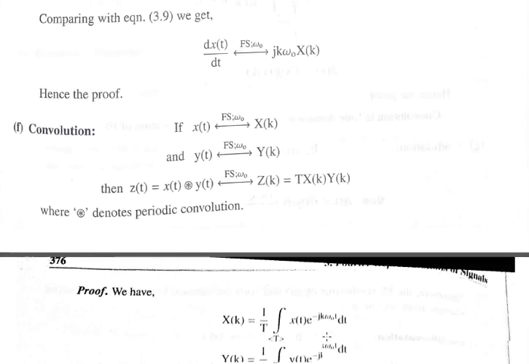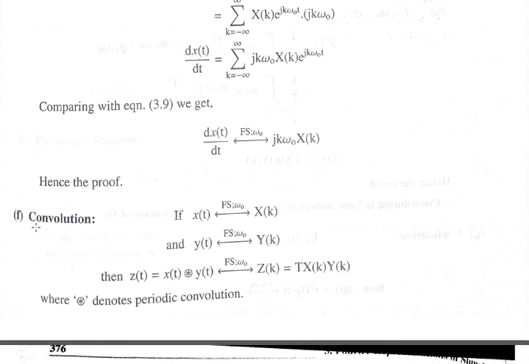For d by dt of x of t, there is an extra term j k omega naught multiplying x of k itself. This means the Fourier representation just gets multiplied by j k omega naught. So differentiation in the time domain multiplies its Fourier representation by j k omega naught.